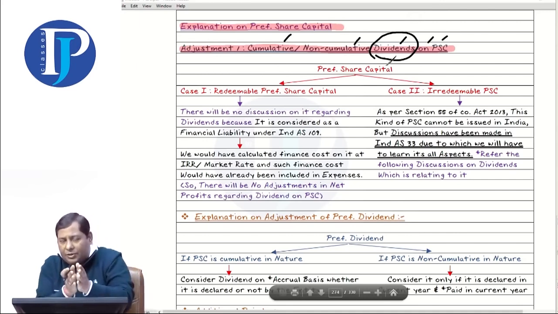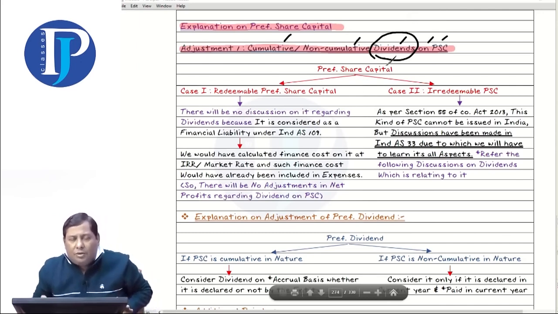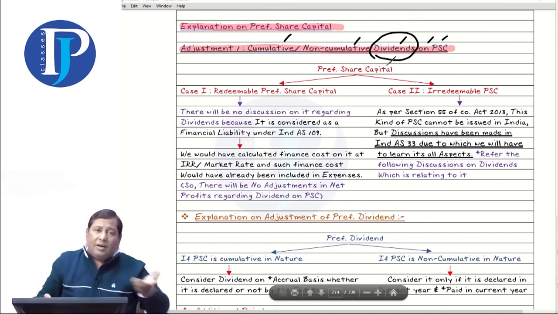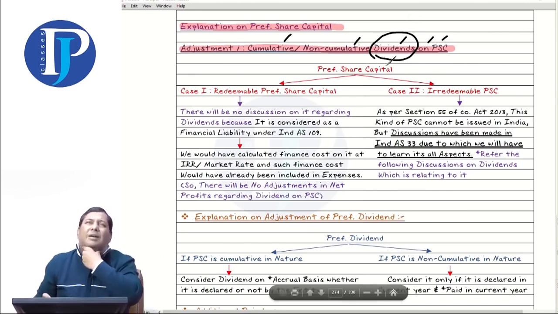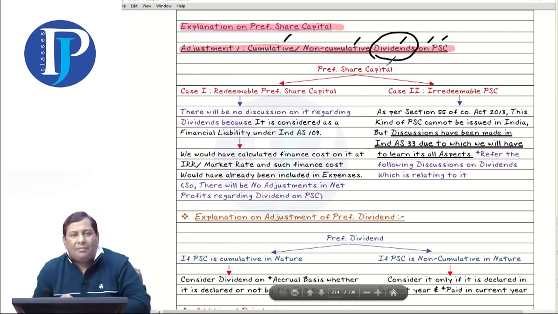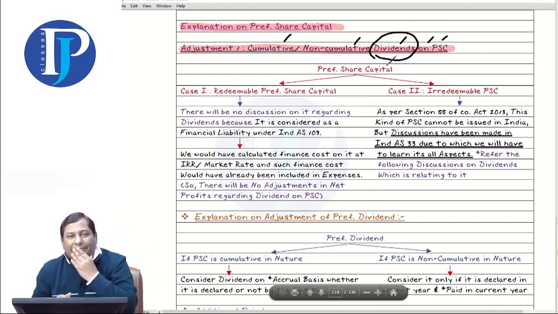Now we will diverge from AS20. The AS20 concept is over and IND AS33 begins. We did not study these points in AS20 because the approach of AS and IND AS is different. Ignore the reference I am giving. It's not necessary to listen to everything.